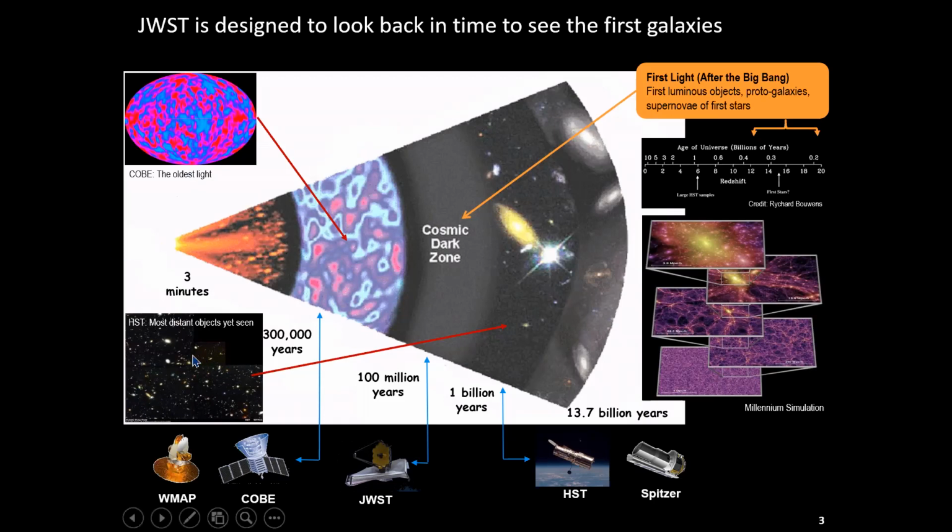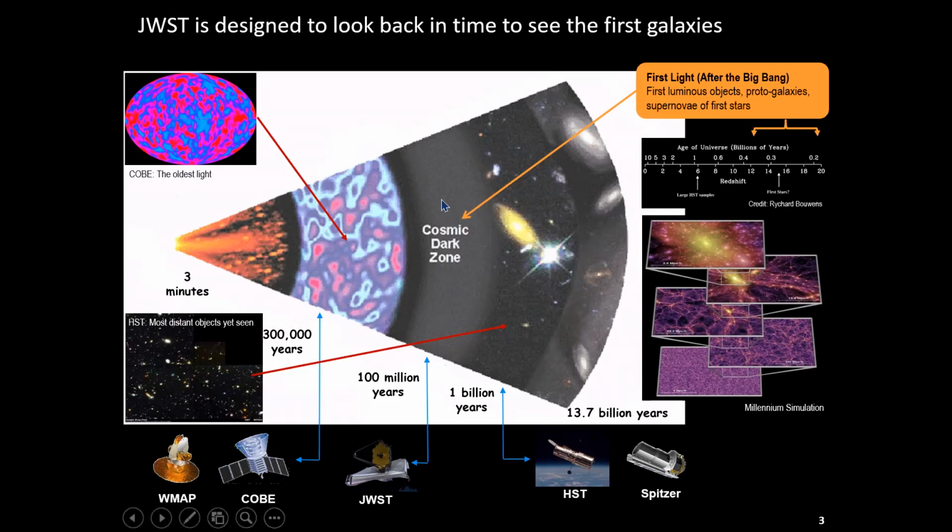This Hubble image looks back to a time when the universe was about 1 billion years old. And between that epoch and this COBE epoch, shown on this cartoon, there's a mysterious, poorly observed epoch known as the cosmic dark zone.